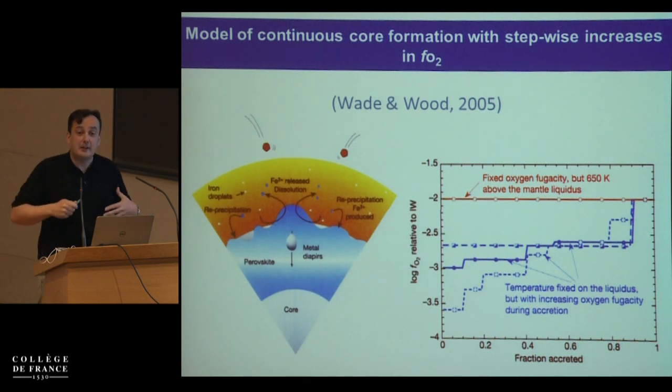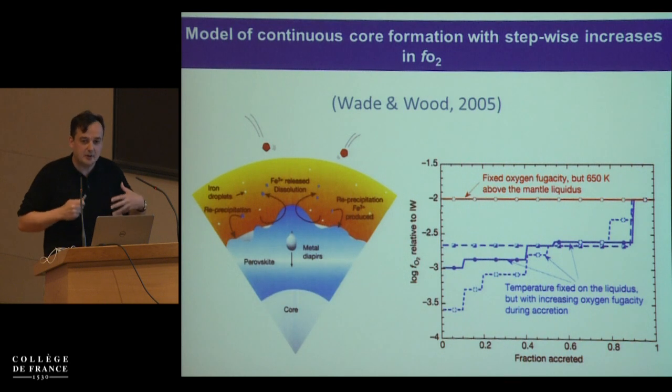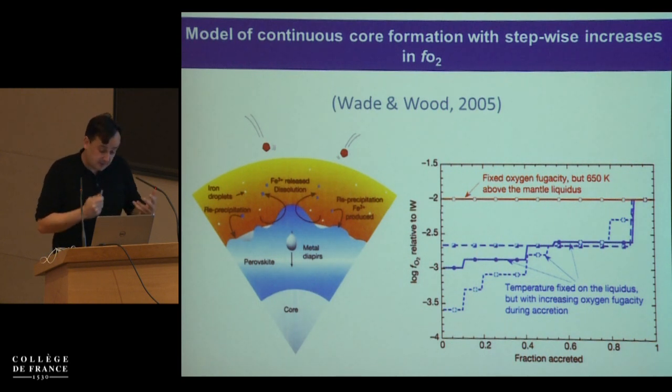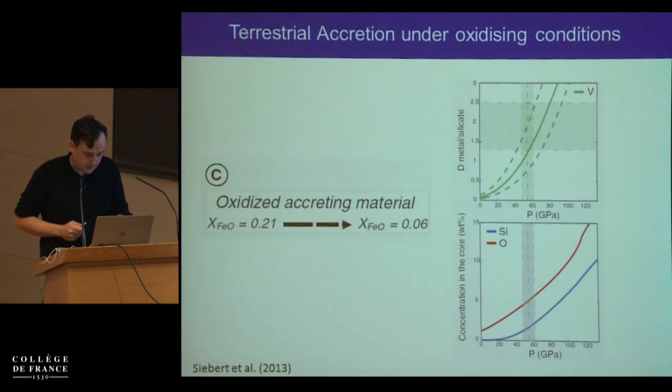So again, after a phase of high pressure core formation, people started to move back towards ideas that the material that was accreting changed in oxygen fugacity from initially more reduced to eventually more oxidizing. And that's very similar, of course, to what Hugh O'Neill had initially proposed.